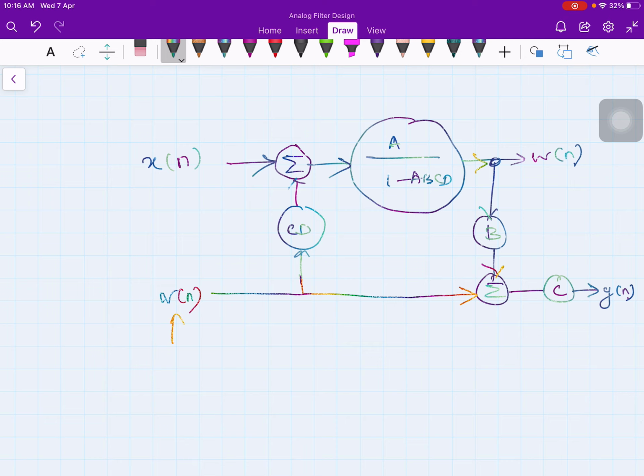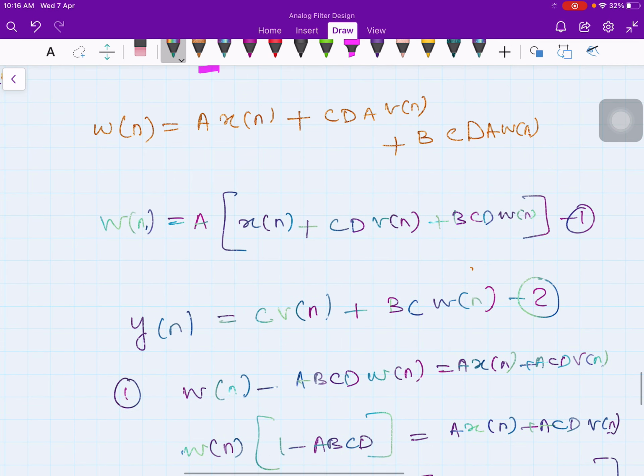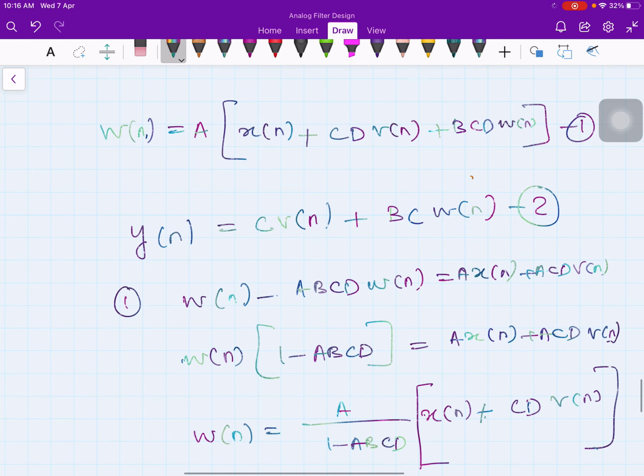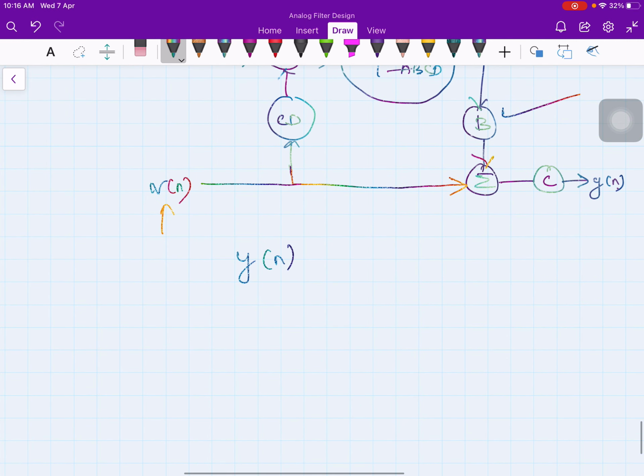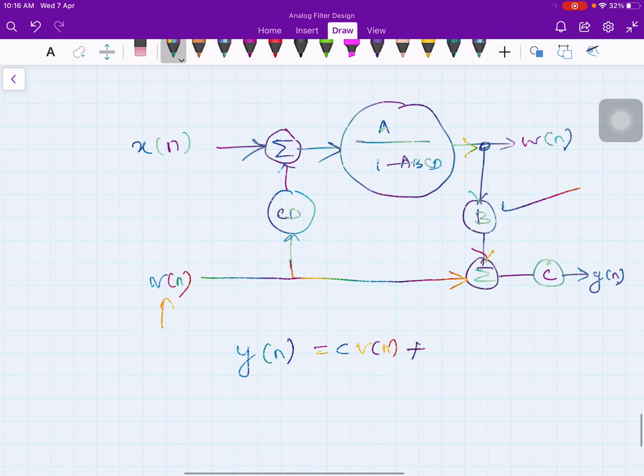In order to calculate y of n, I have to multiply w of n by b. Now you see this diagram. What is y of n? Y of n I have written here, equation number 2, right? C times v of n plus bc times w of n.